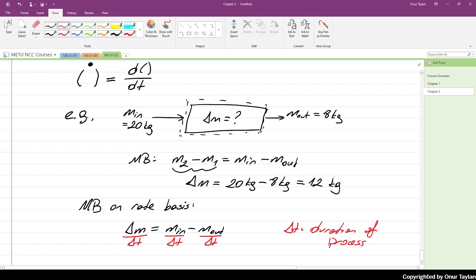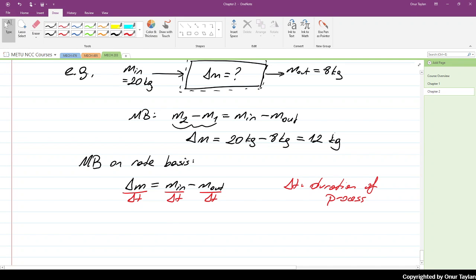So in the previous example, I input 20 kilograms, right? If I put this in 4 seconds, the rate is nothing but 20 kilograms divided by 4 seconds, so it's 5 kilograms per second. That is basically what I mean by the rate. So you write this down. This is kind of a derivation of the rate.